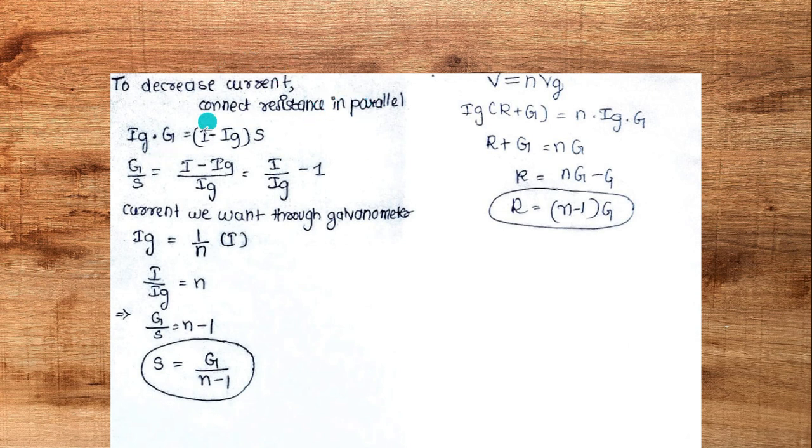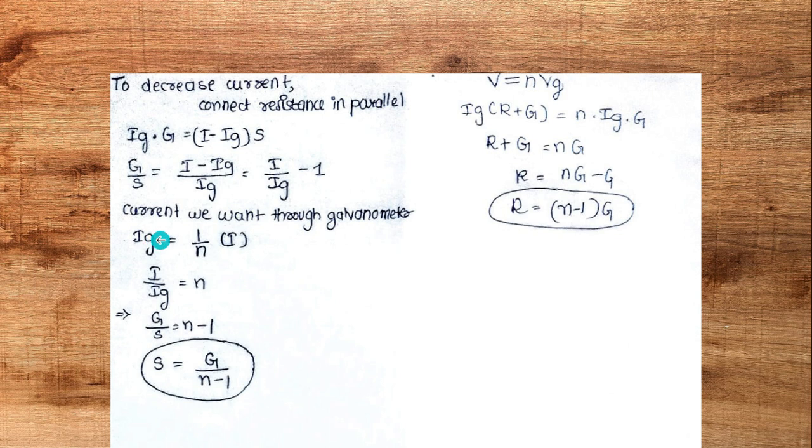So Ig into G is equal to I minus Ig into S. Again the same equation. Here we take Ig this side, S that side. So G by S is equal to I minus Ig by Ig, which is equal to I by Ig minus 1, right?